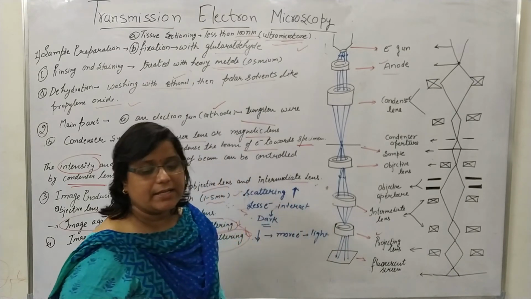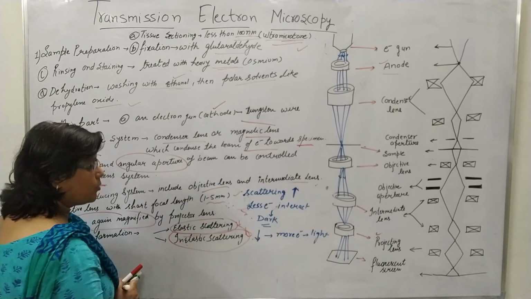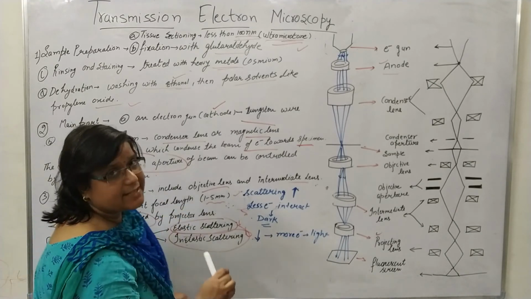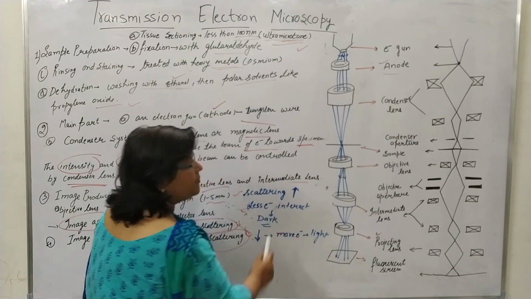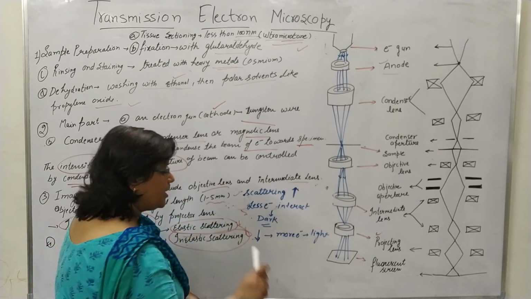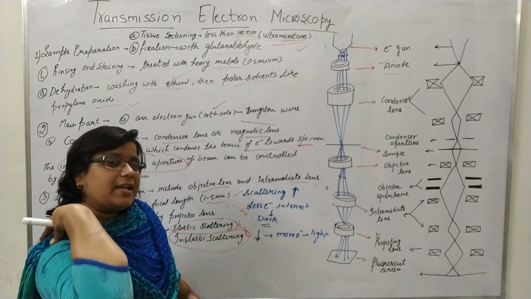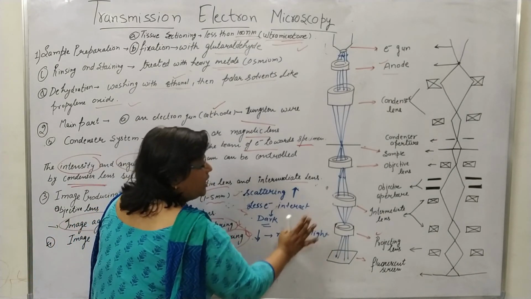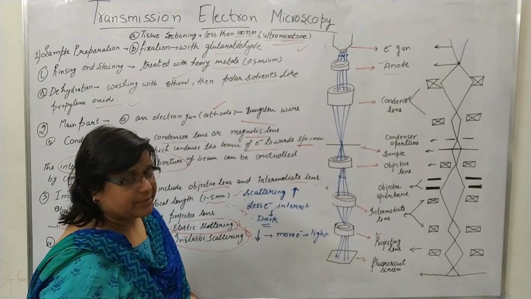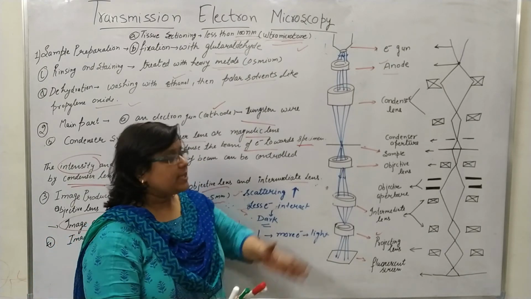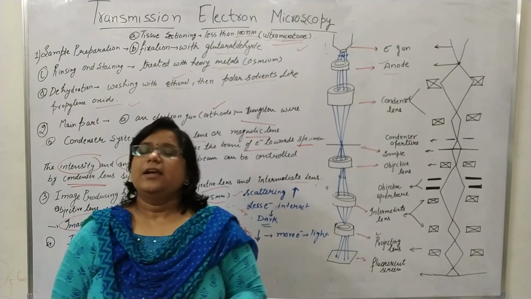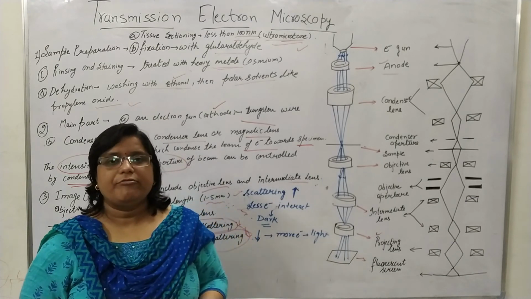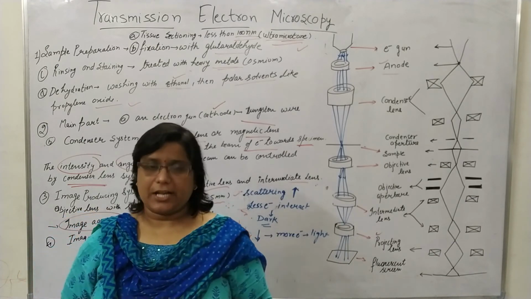So keep in mind that if the scattering is more, due to inelastic scattering, fewer electrons interact with the screen and the image is formed as a dark image. And if the scattering is less, due to elastic scattering, more electrons reach the fluorescent screen and the image will be light.